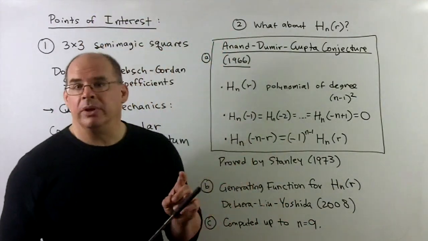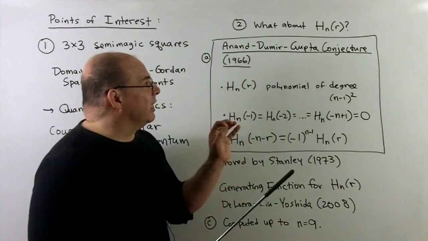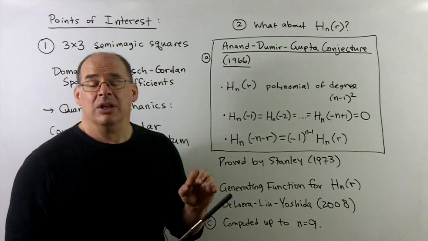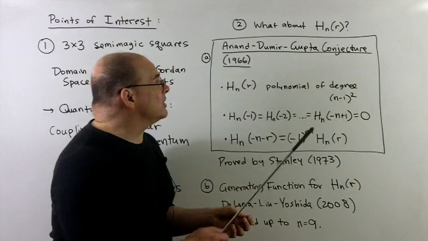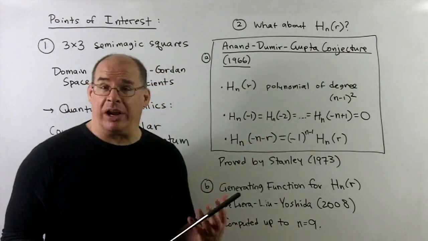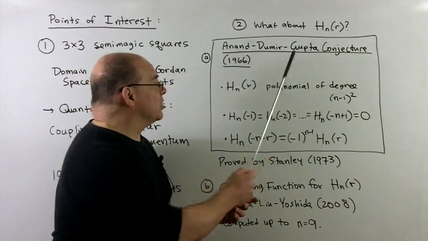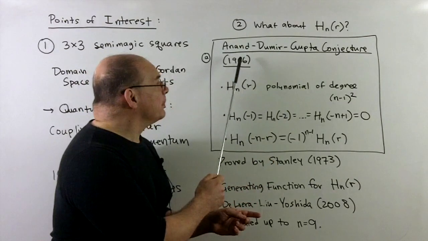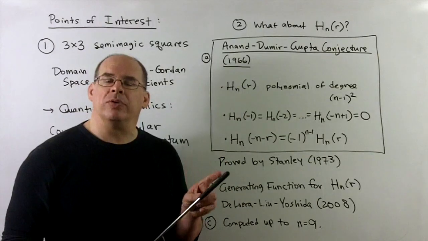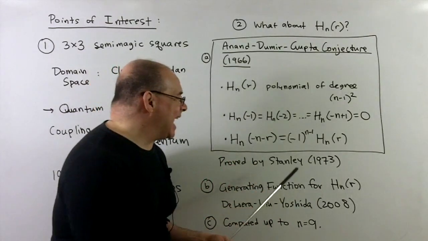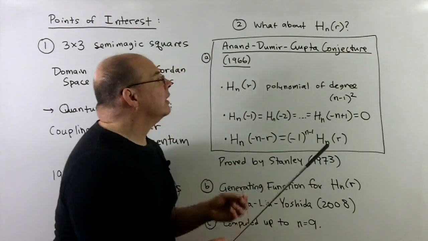Point 2, so I'm not really an expert on these things, so I can only say so much. Let's note some highlights about H sub n when n is greater than 3. First, we have the Anand-Dumir-Gupta conjecture from 1966. This was improved on and proved by Stanley in 1973.